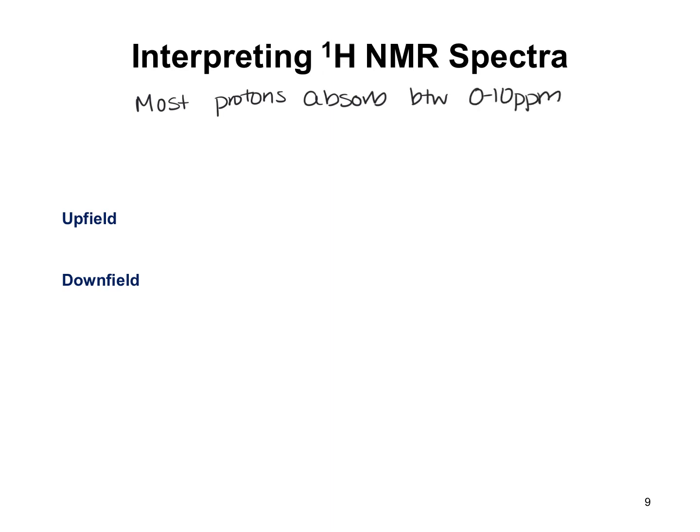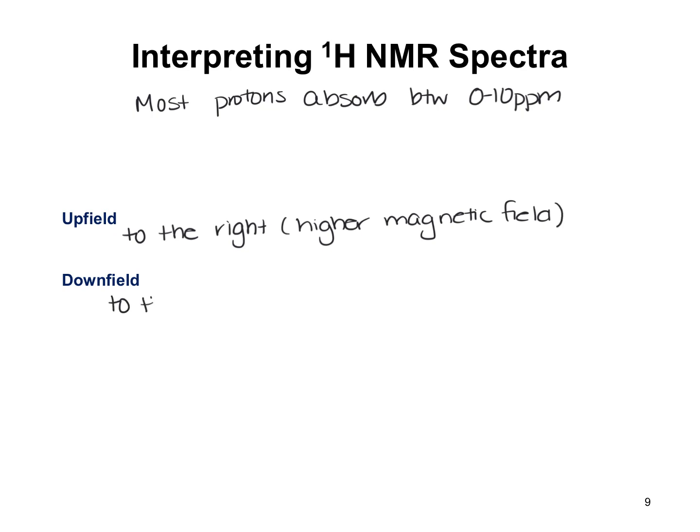We use the term upfield, which means to the right, which is a higher magnetic field, and downfield, which is to the left, and a lower magnetic field, to describe the locations of the peaks.